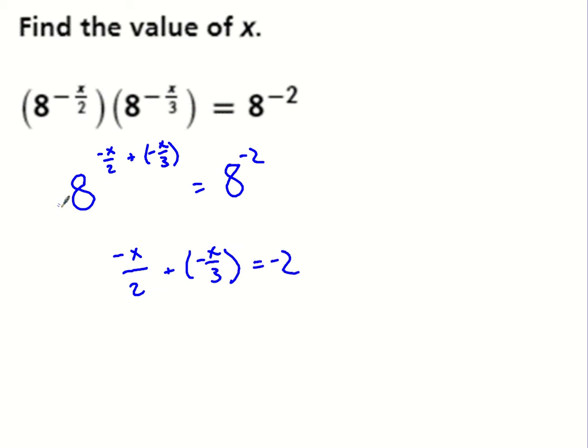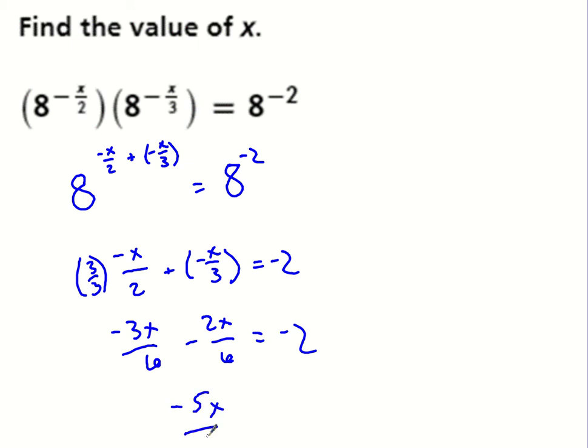Again, 2 and 3, I need a common denominator, so I'm going to multiply this whole side by 3 over 3. That's going to give me negative 3x over 6. And I've got to multiply this by 2, so it's going to give me negative 2x over 6 as well. Because it's plus a negative, I'm just going to make it a minus sign. I can actually add these together now. Negative 3x minus 2x is negative 5x over 6, which is equal to negative 2.